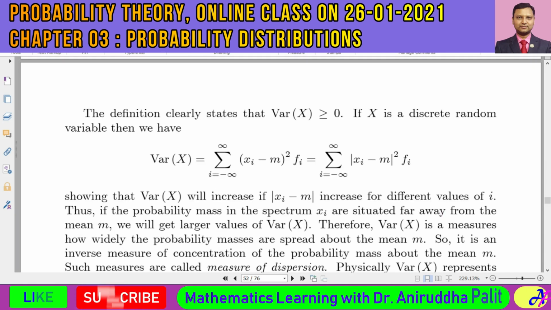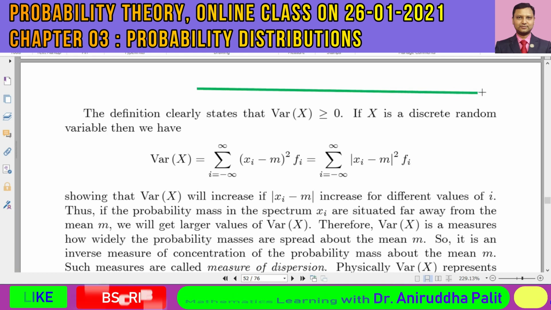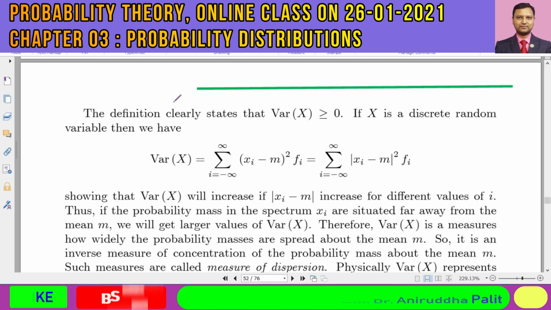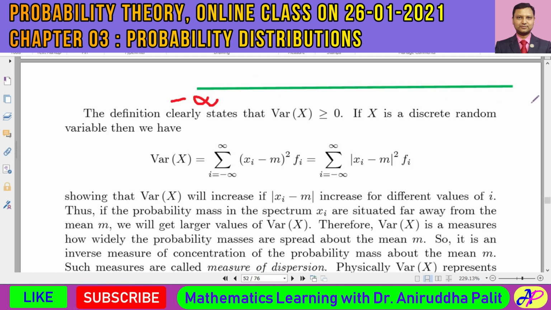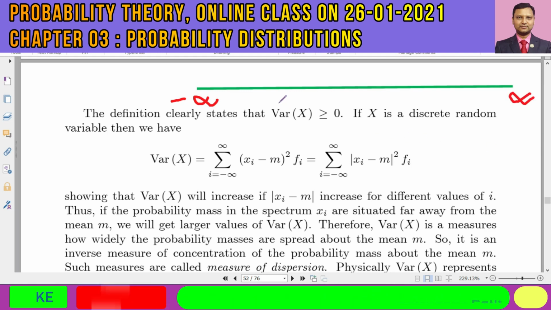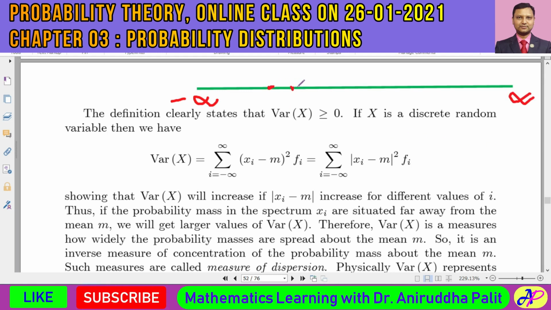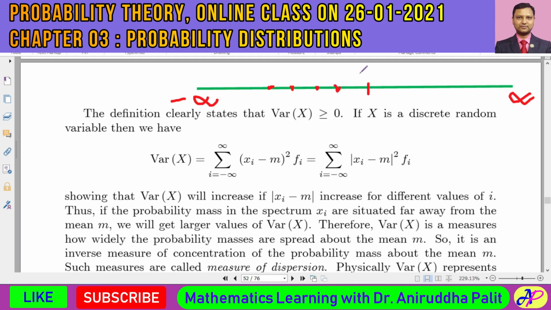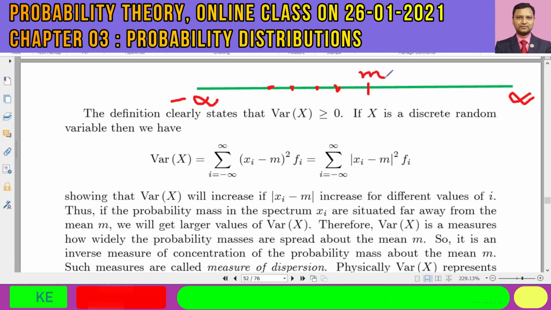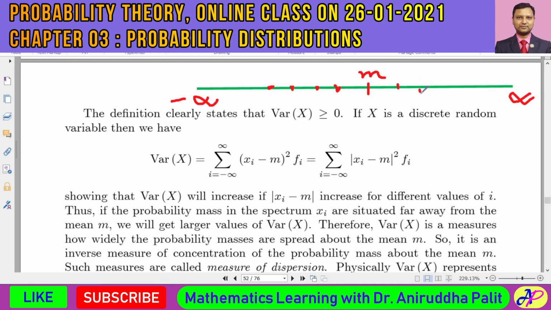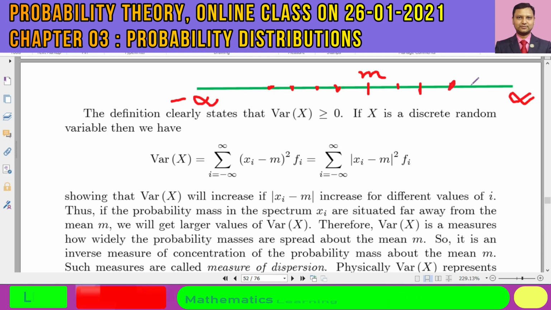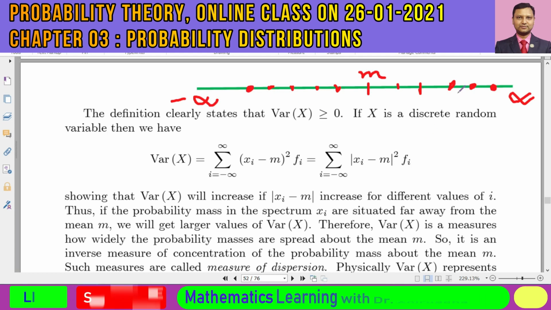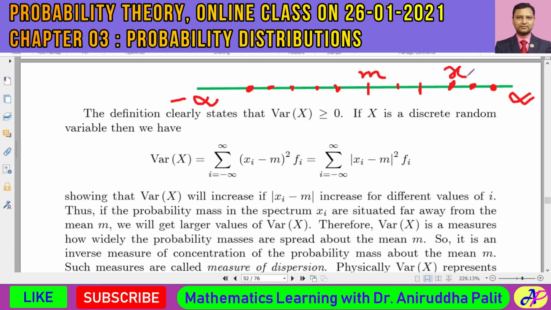And what is this? This can be interpreted in this way. Suppose the probability mass is distributed on the real axis, or on a single axis, where this is suppose minus infinity and this is suppose plus infinity. The probability mass is distributed along this line. And suppose somewhere over here in the middle, this is our mean value small m. On the left and right, the probability mass is distributed as per the spectrum. Now suppose this is the position of xi.